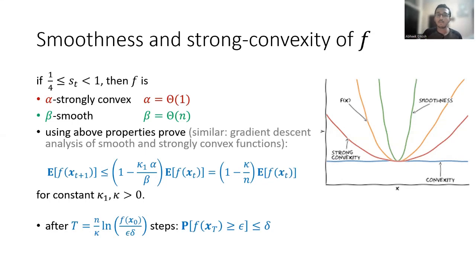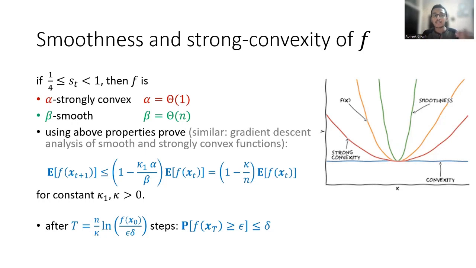Now, using the above properties and using techniques similar to the analysis of gradient descent for smooth and strongly convex functions, we can show that the expected value of this potential function f in this restricted domain, when s_t is between 1/4 and 1, decreases by a factor of 1 minus some constant times alpha by beta times the expected value of this potential function at time t.